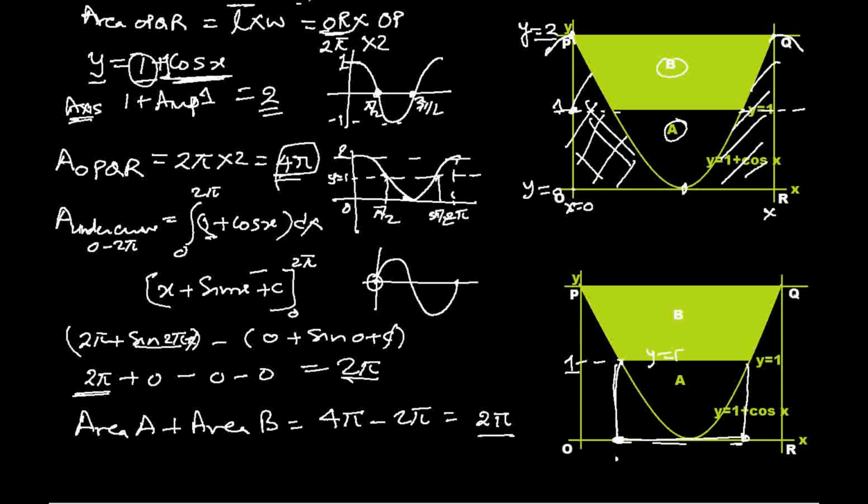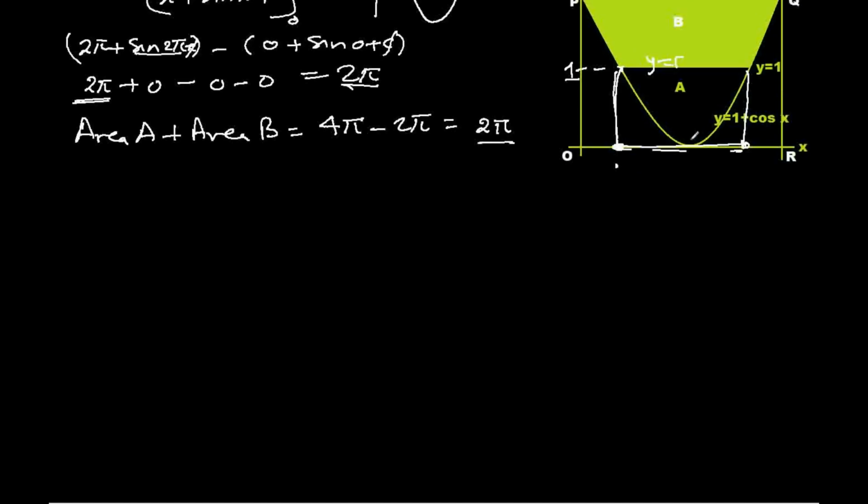And that's what we are going to use here. So let's go back to the smaller one. This is pi by 2, this is 3 pi by 2. If you can't use logic, you can use this one. The equation of the curve is 1 plus cos x, make it equal to 1, because this point and this point are the points of intersection of the curve 1 plus cos x and y equal to 1.